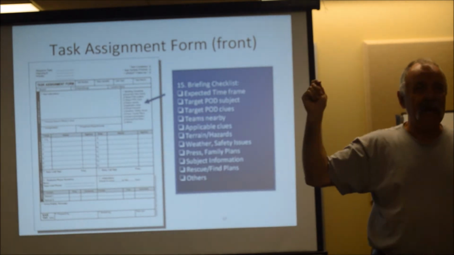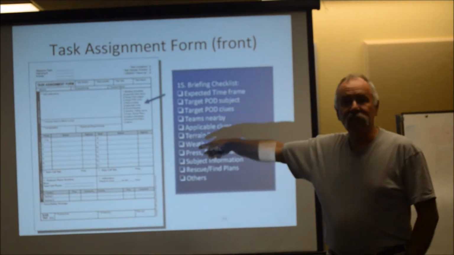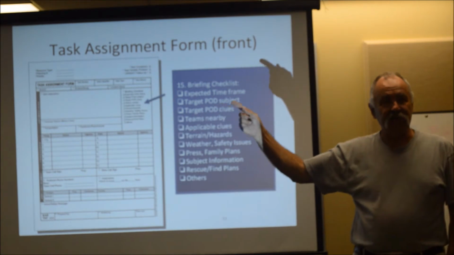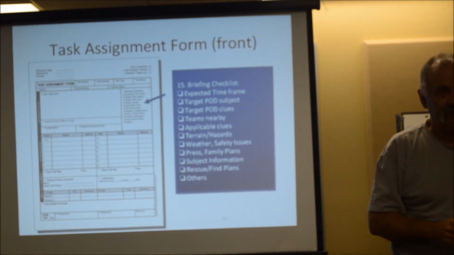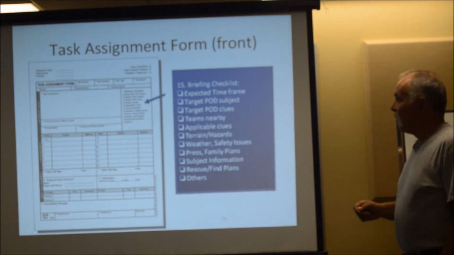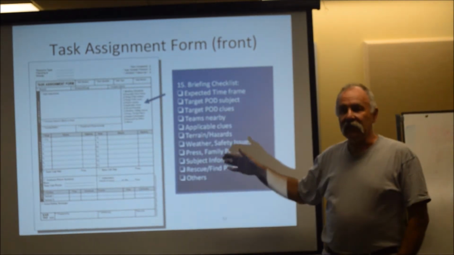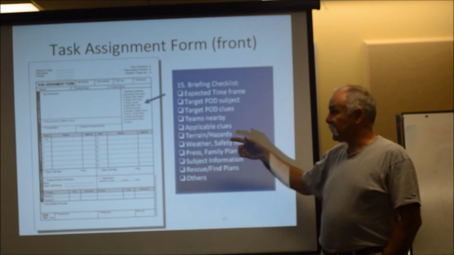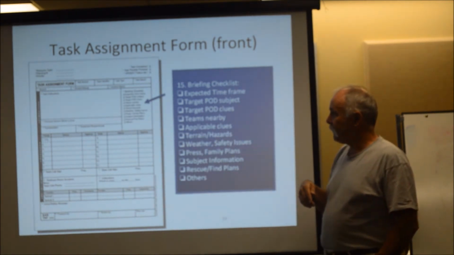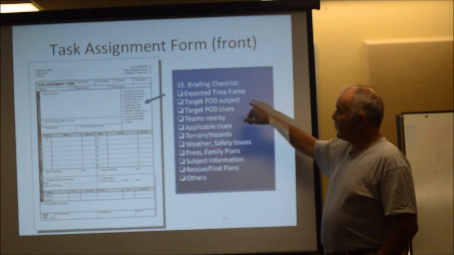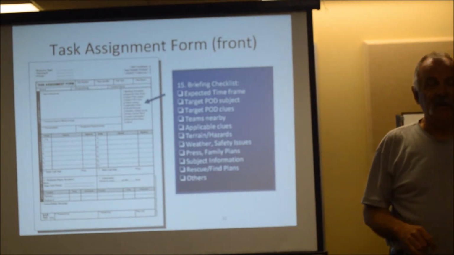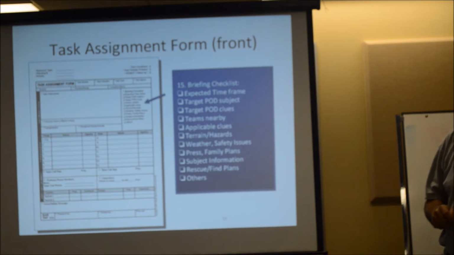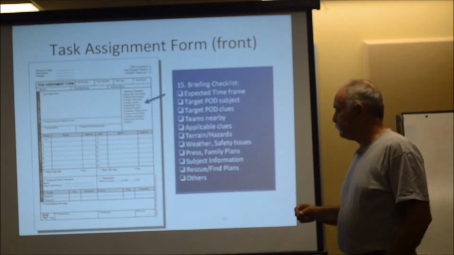But if you did nothing but go through that as you're preparing your team for your task, you'd have a 90% solution. And if you want to go to the next level, the aid memoir has all the extra bits and pieces that are not in here. These are the sorts of things you should know before you start talking to your team. If you don't, you're not going to give them an adequate briefing.